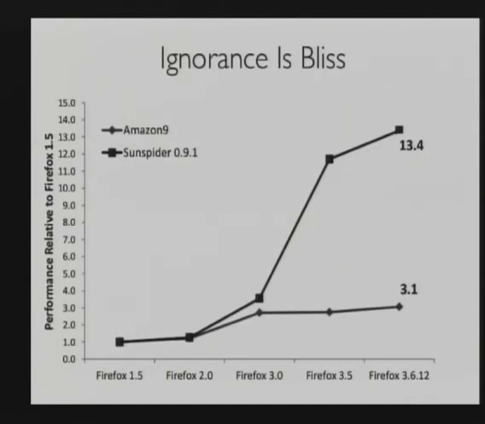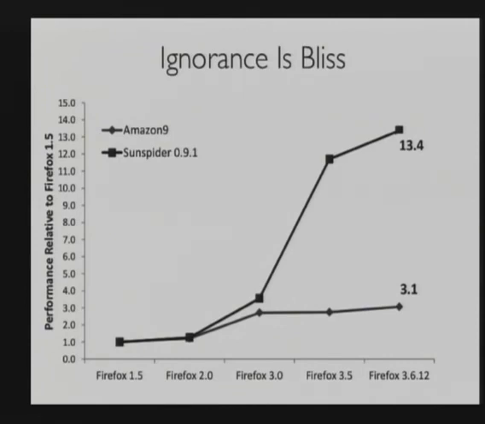A little bit more detail on the motivation. Here is some data that we gathered. Let me explain the data first, and then I'll give you the conclusion. This is performance data of the Firefox browser over time.